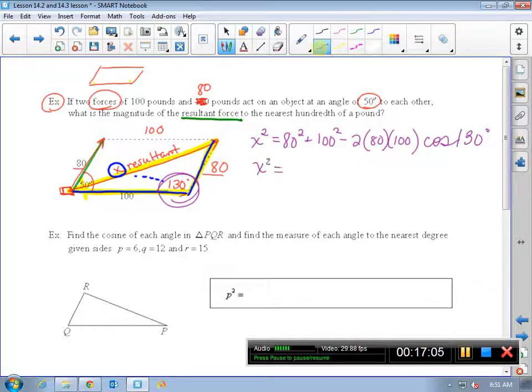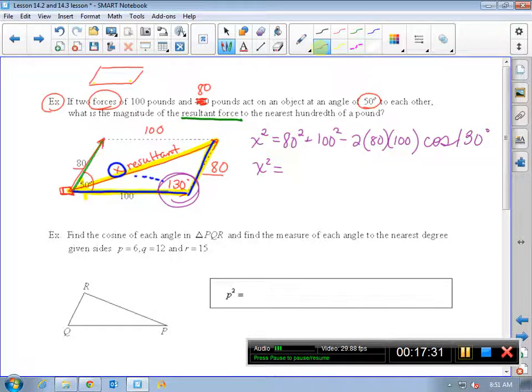Let's go ahead and put this whole line in our calculators. 80 squared plus 100 squared minus 2 times 80 times 100 times cos of 130, enter.